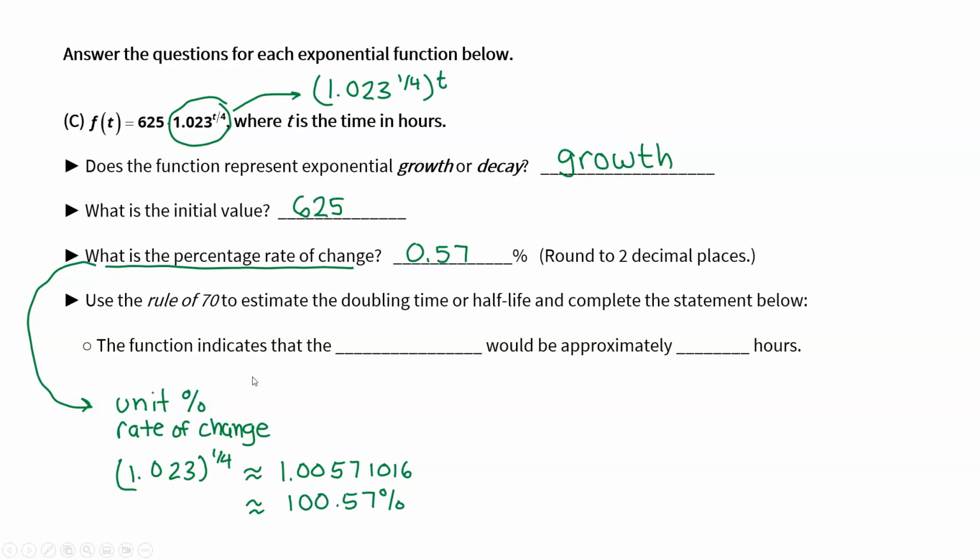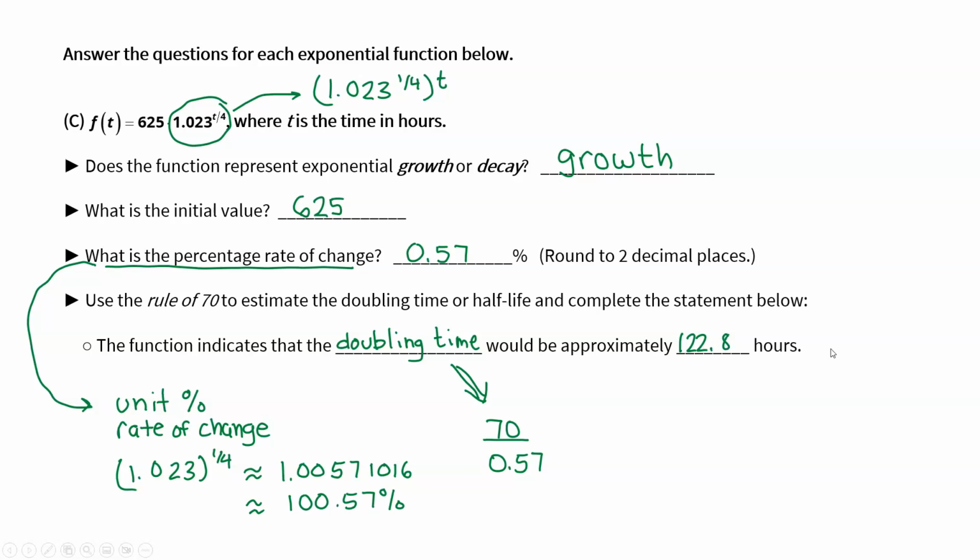When I go and do the next calculation for the rule of 70, I'm going to do 70, because it has a doubling time, over the 0.57, but I would tend to use the other decimal places too, so the 1016 and whatever other your calculator may still have in it. But you would find that the difference is very small. If you keep the decimals or just say 70 divided by 0.57, it comes out to be about 122.8 hours.